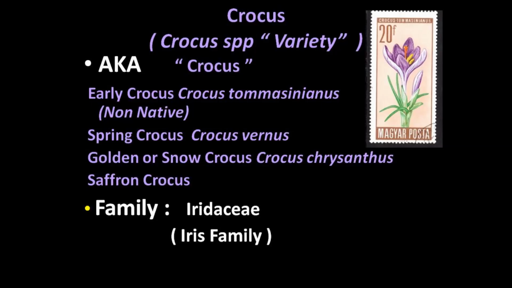There are approximately 100 species of crocus worldwide, and here in the UK we plant between 5 and 8 of those species, 3 of which we see in spring and the other 2 in autumn.